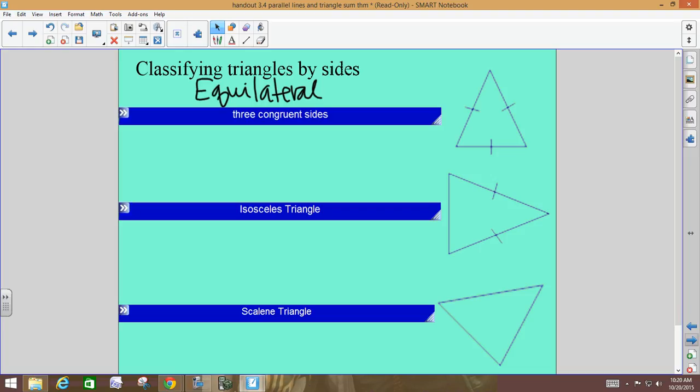The angle one, equiangular. An isosceles triangle, I-S-O-S-C-E-L-E-S, how you spell it, has 2 congruent sides.